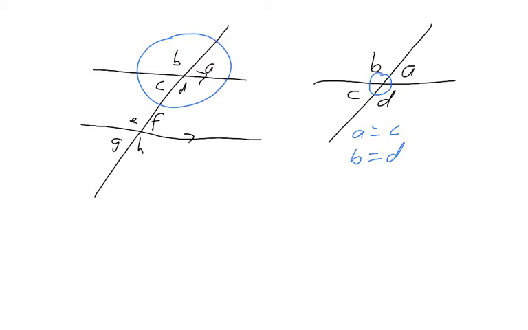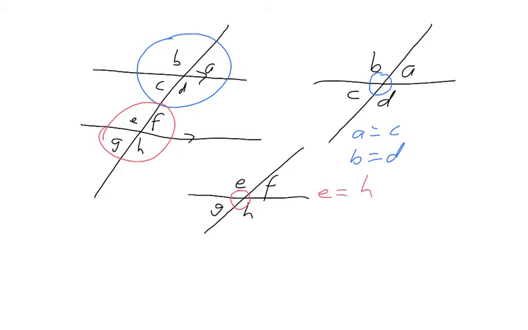Now, what we're going to do is highlight this section here in red. So I'm just going to draw that off to the side. So we've got F, E, G, H. Now, that there is one full revolution, and knowing vertically opposite angles are the same, we have E equals H and G equals F. So that's fantastic.